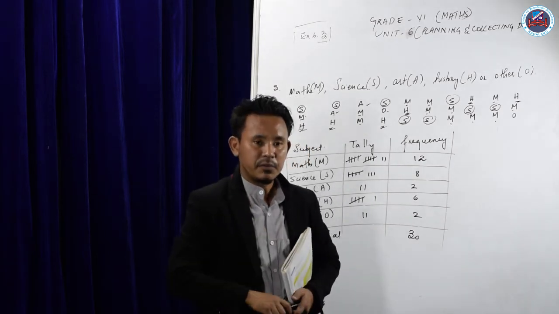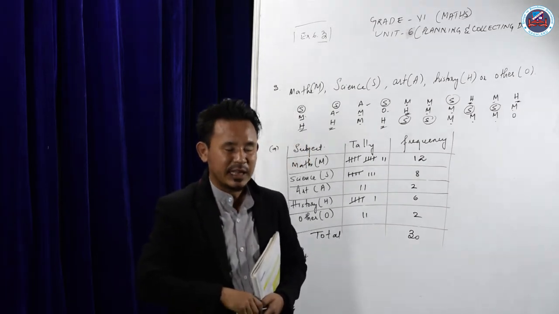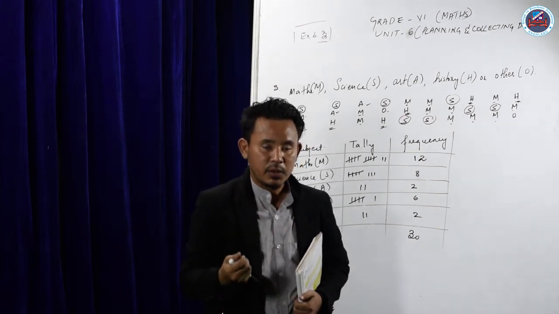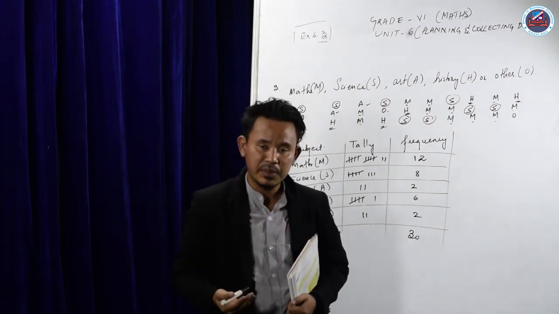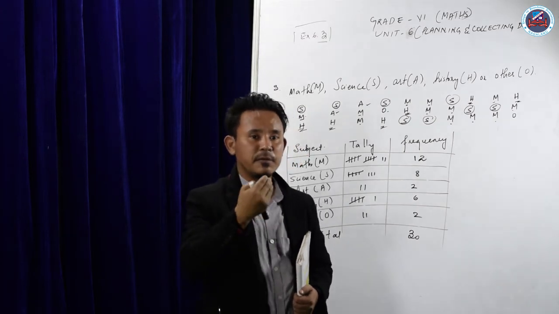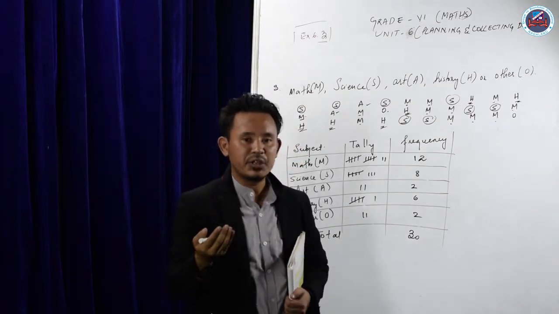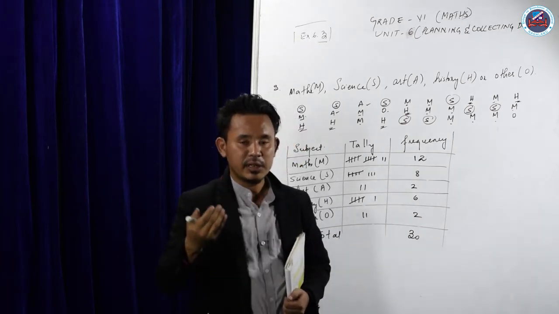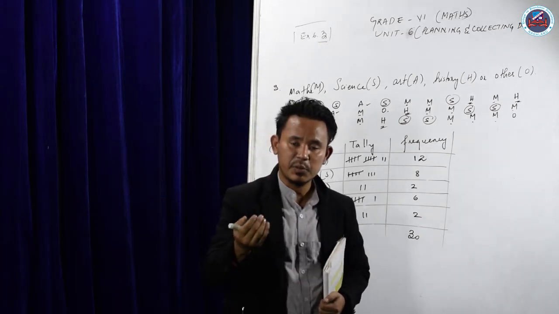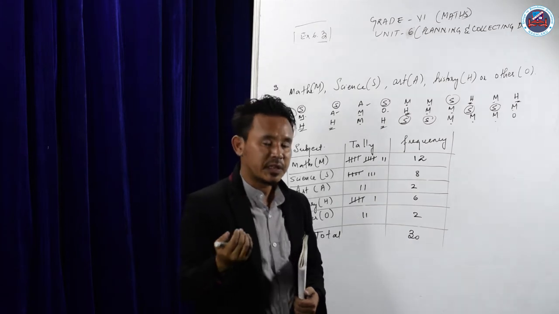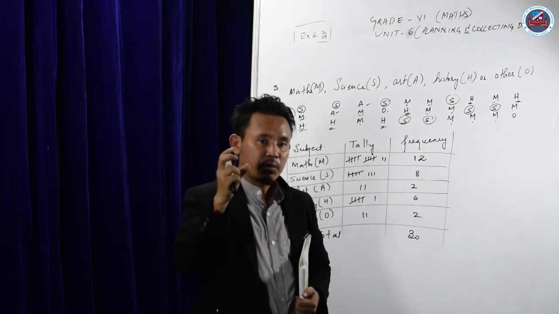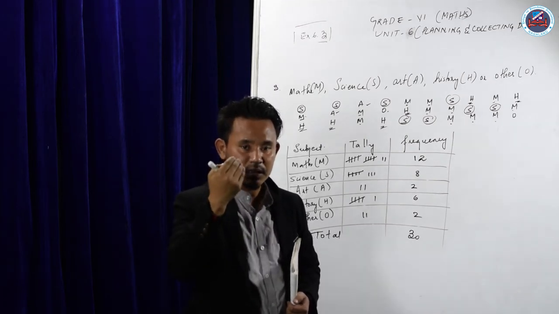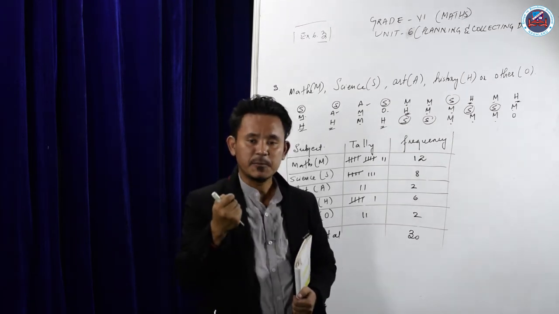Once again, I repeat, exercise 6.1 and 6.2, kindly complete it at home, and in order to complete it, kindly go through the PDF file and also follow the brief explanation which I had given you earlier in the beginning of this video, including what data is, primary data, secondary data, questionnaire, frequency table. When you listen to the explanation, it will definitely be helpful for you in solving exercise 6.1 and 6.2.